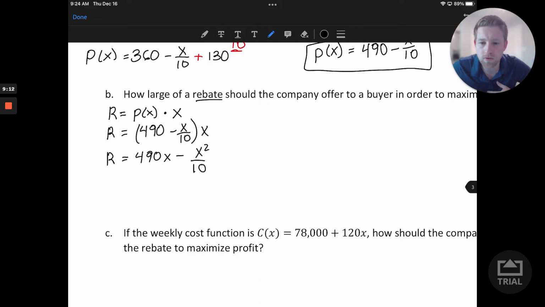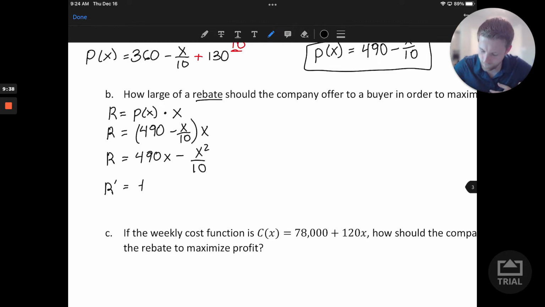Now that we have our revenue function, we could go ahead and think about maximizing this value. Notice that this is also going to be kind of a downward facing parabola based on the algebraic expression. And so we're really thinking about what's that peak or vertex point of this parabola. So if I go to take my derivative, I'll take the R prime here.